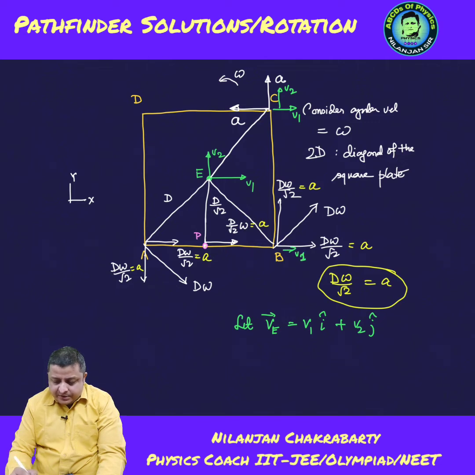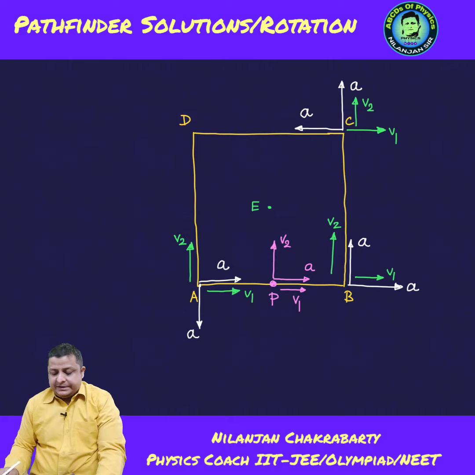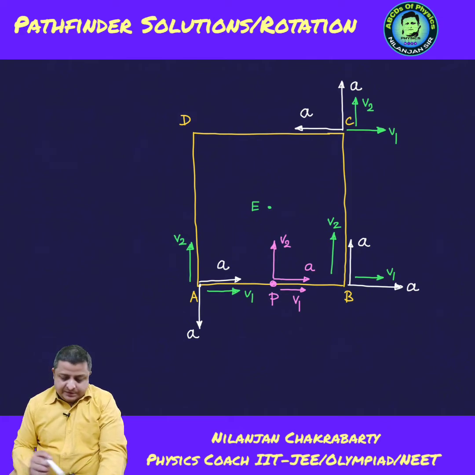So that's v1 and v2, v1 and v2. So you have to superpose velocity of E with all the points. Somewhat looks like this. So these are A and A, this is with respect to E, and again you have to add velocity of E, that is v1 v2, with all the points.